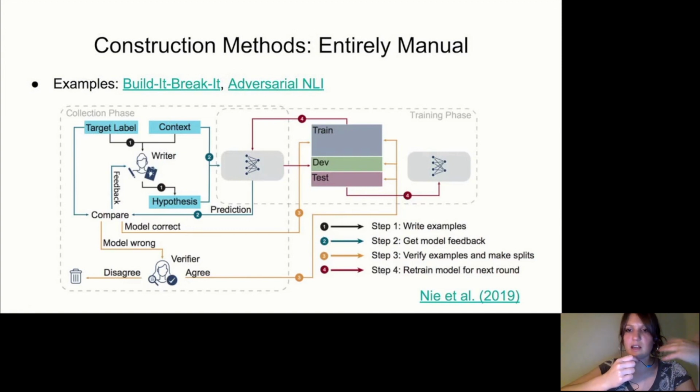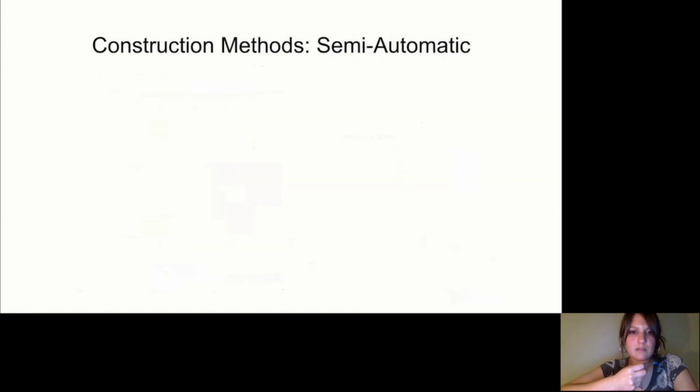The hope is that if you iterate on this enough, eventually you can squash all the bugs. That's the intuition there. And you can see here that the manual input is there start to finish. People construct the examples, they assign the labels, they verify each other's examples. So it's a purely manual approach, which nonetheless I think has shown some promise.